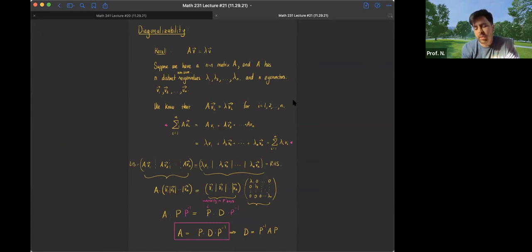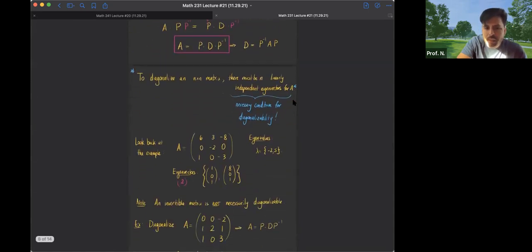So for example, if you're dealing with a 3x3 matrix, the underlying space to that matrix, the column space and the row space, is R3. So in your process of finding the eigenvectors of that matrix, if you find 3 eigenvectors, then you have a diagonalizable matrix. If you don't find 3, if you find 2, or if you find only 1, then you have a non-diagonalizable matrix.